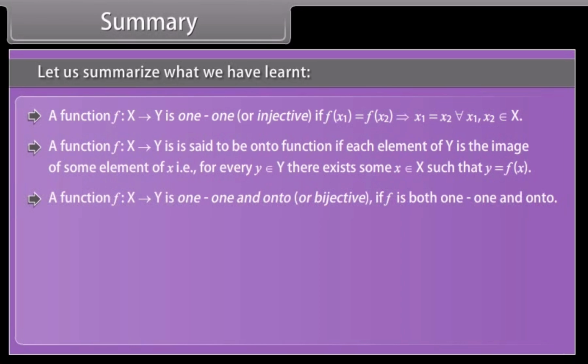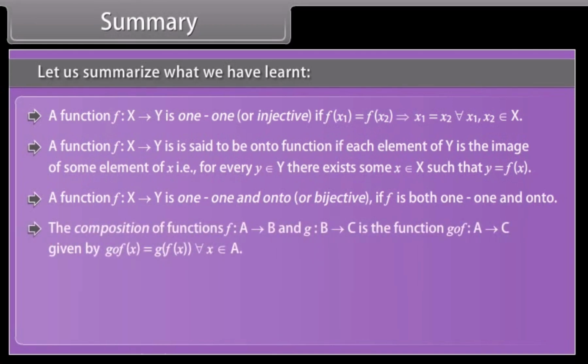A function f from X to Y is one-one and onto or bijective if f is both one-one and onto. The composition of functions f from A to B and g from B to C is the function gof from A to C given by gof(x) equal to g(f(x)) for each x belongs to A.